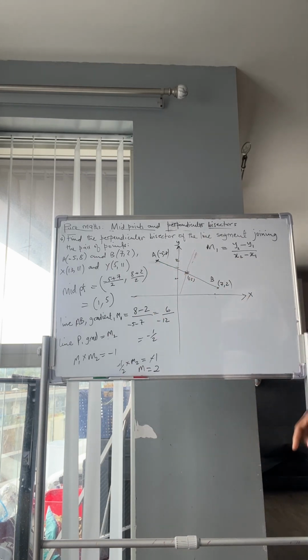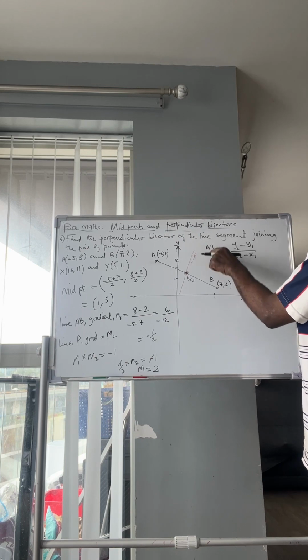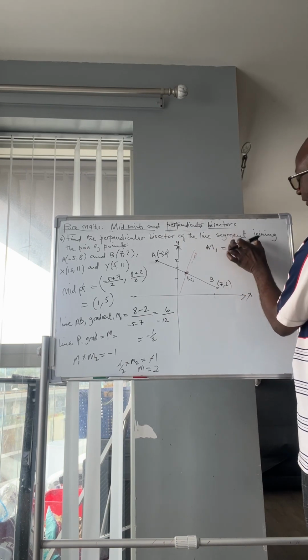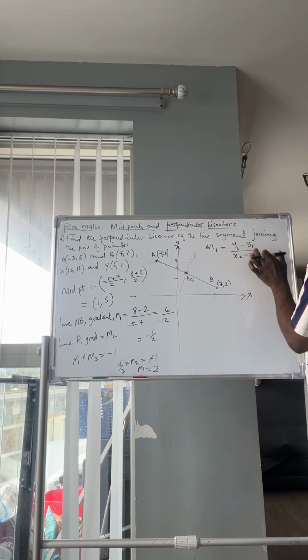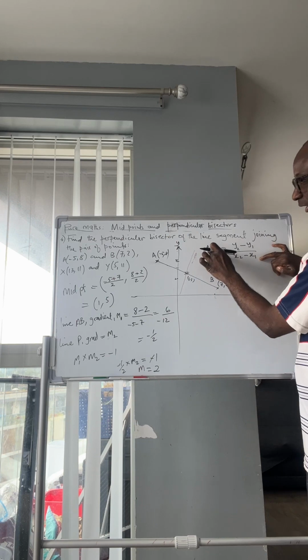Now we know its gradient. Since its gradient is 2, we know the formula for gradient already. The formula of gradient is the rise over the run: increase on the y-axis divided by increase on the x-axis is equal to the gradient of a line.